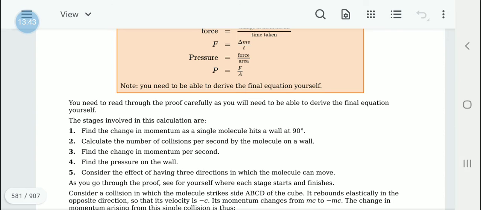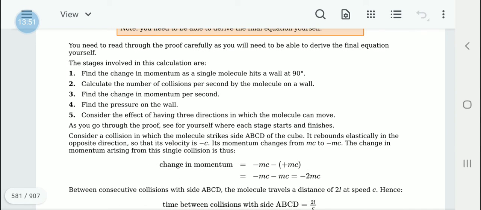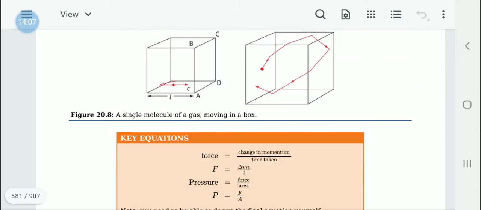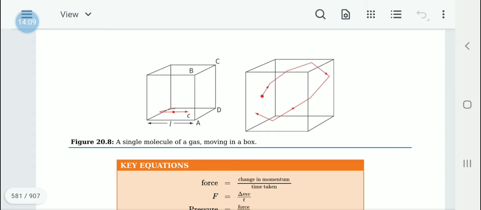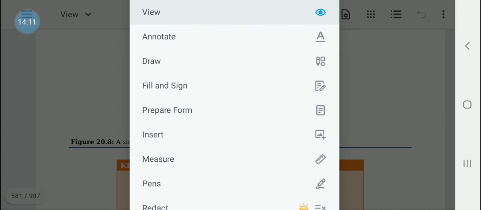Then we consider the effect of having 3 directions in which the molecule can move. When we go through this proof, you can actually see where each stage starts and where it stops. So now we take a single collision, and that collision strikes the side A, B, C, D of the cube. So it strikes this side.